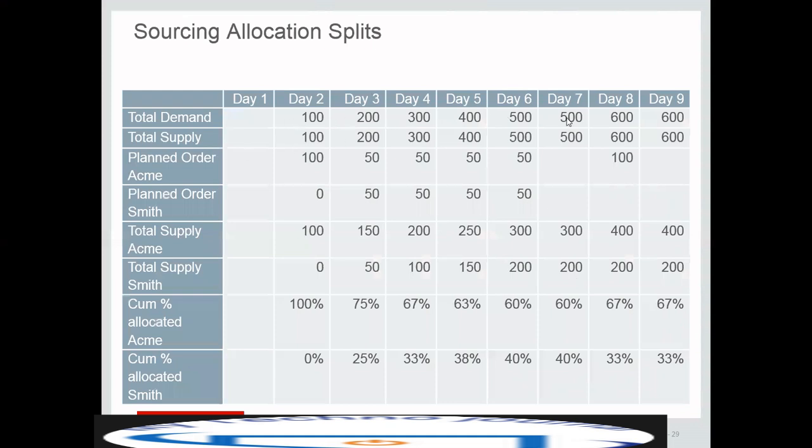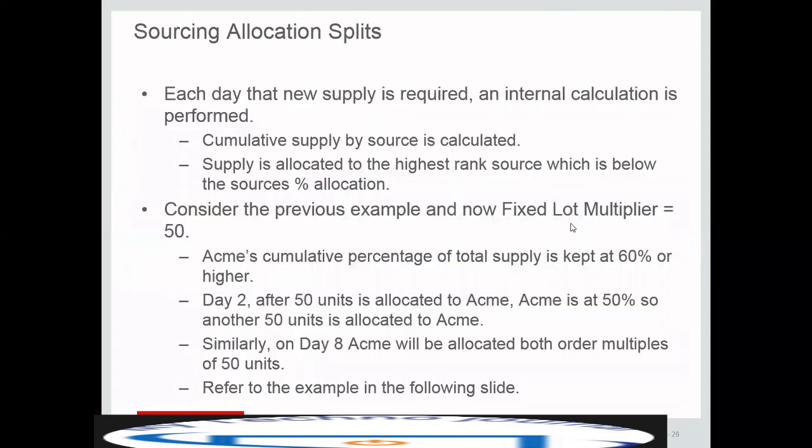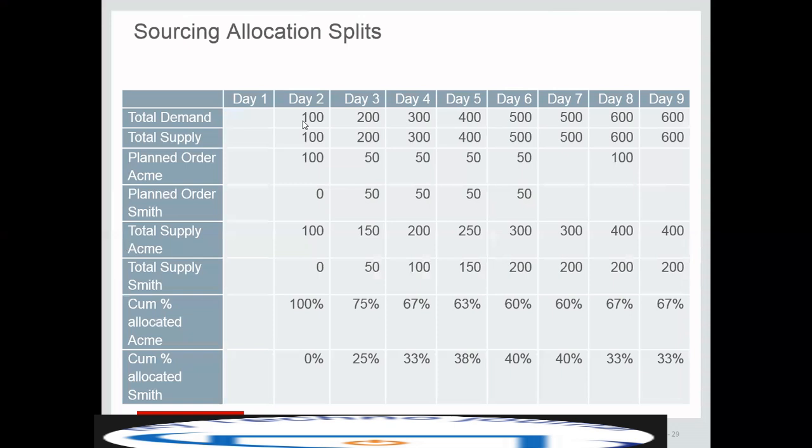So for example, there are different days, and on day one, the total demand is 100. There are two suppliers, one is Acme and one is Smith. For Acme it is 60%, for Smith it is 40%. Now, when you have a total demand of 100, Acme provides you 50 quantity because the fixed lot multiplier is 50. 50 is not 50% of 100, so another order of 50 quantity for the same supplier, Acme, will be created.